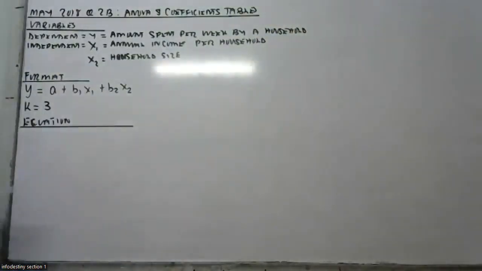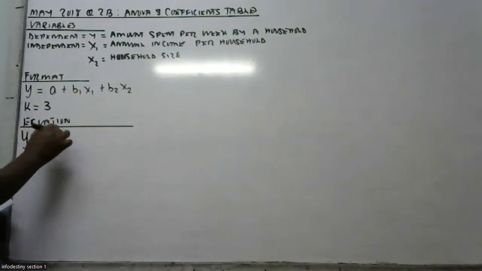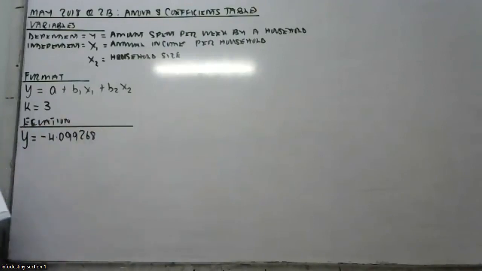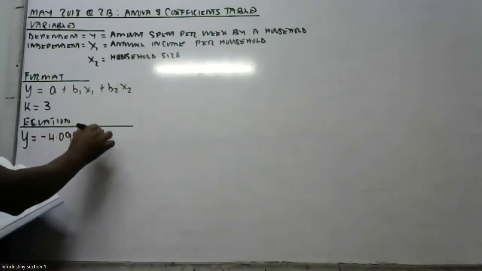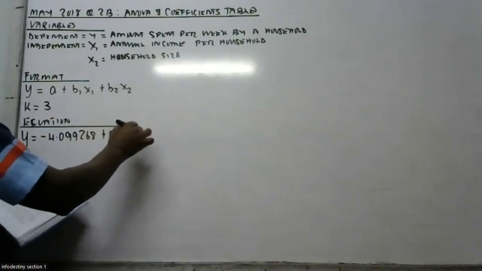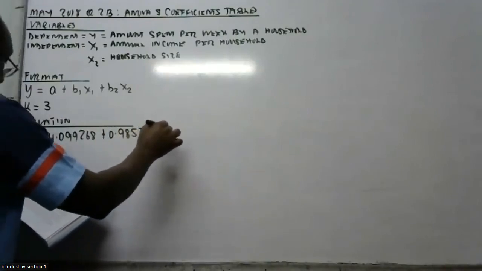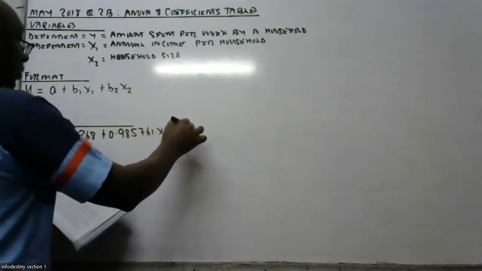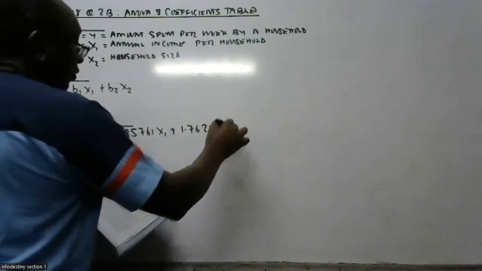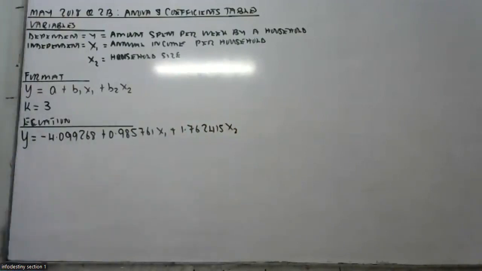So intercept is the value of A. So you are supposed to say Y is equal to minus 4.099268 plus the value of B1, 0.985761 x1 plus 1.762415 x2. So that is the equation that has been given.